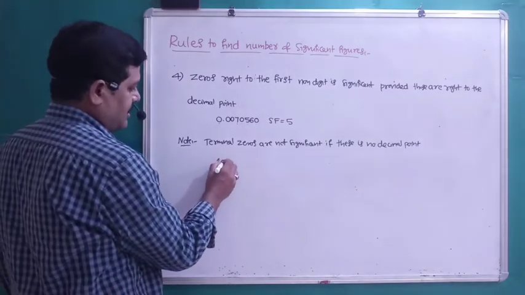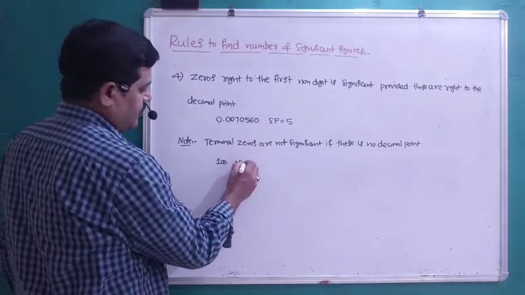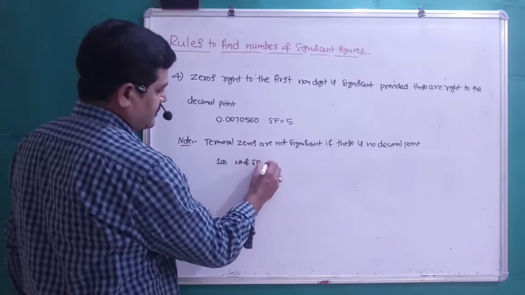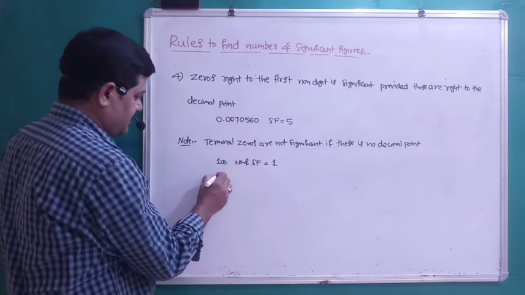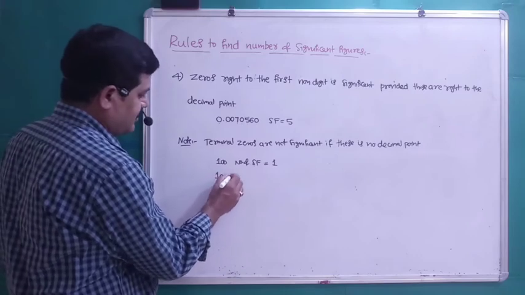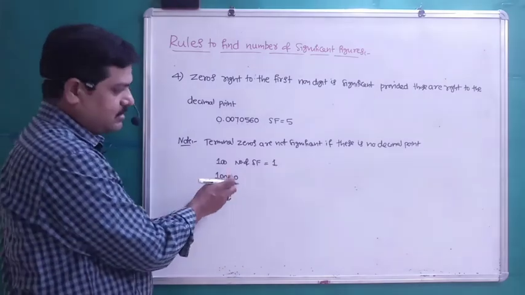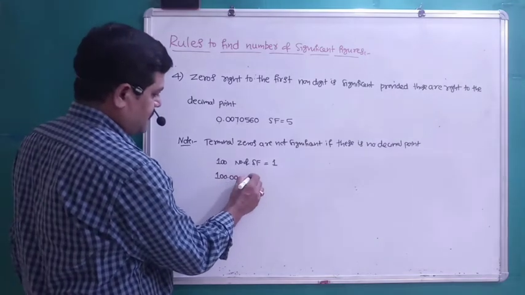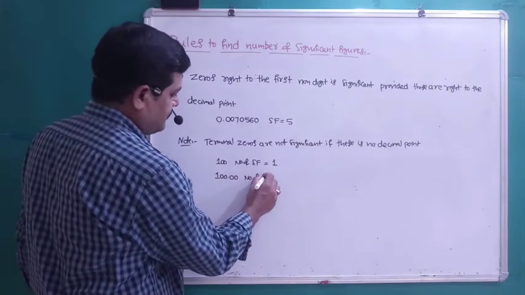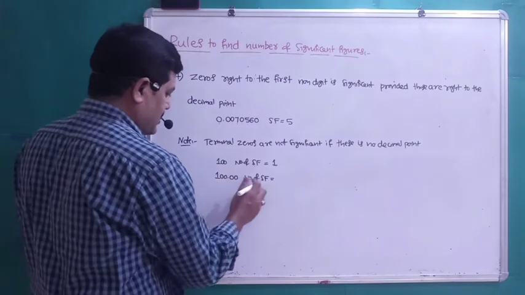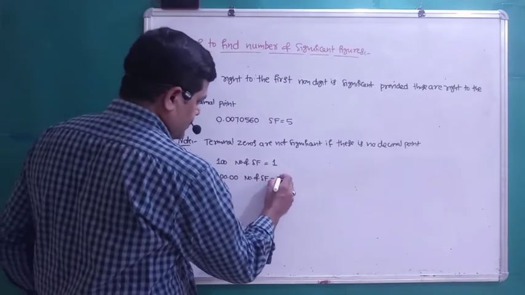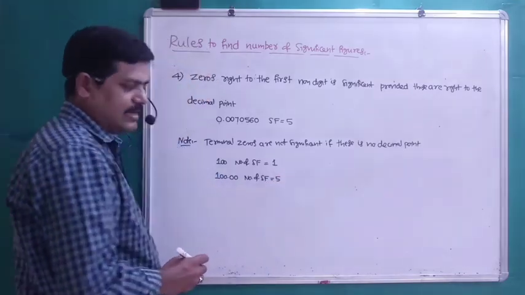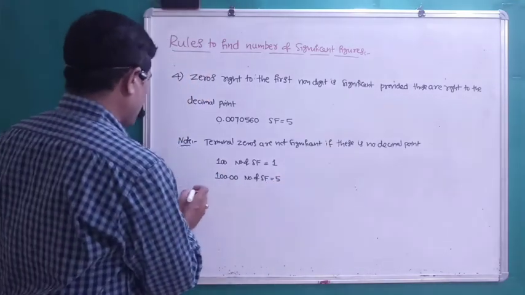Simply, if they have given 100, the number of significant figures is only 1. These zeros are not significant. If the number is given as 100.00, then all the zeros will become significant. Number of significant figures in the given number is 1, 2, 3, 4, 5. Now it is 5, right?